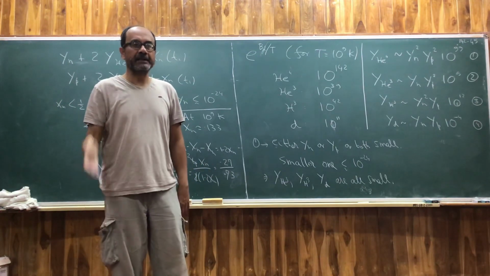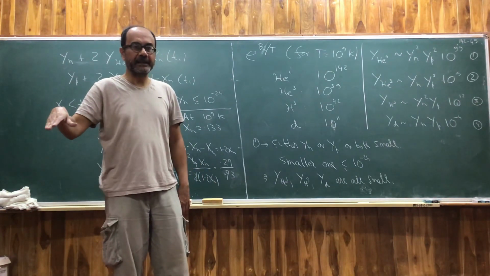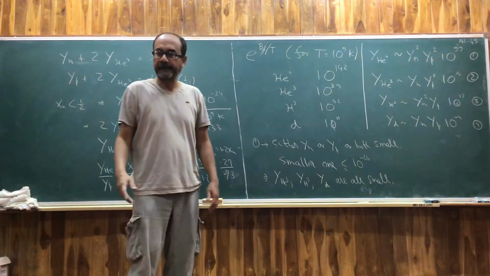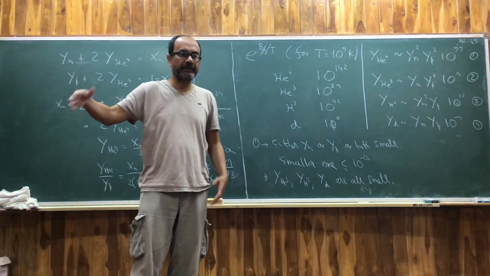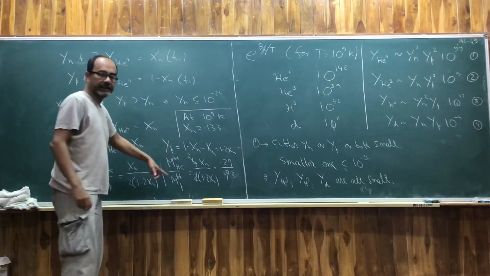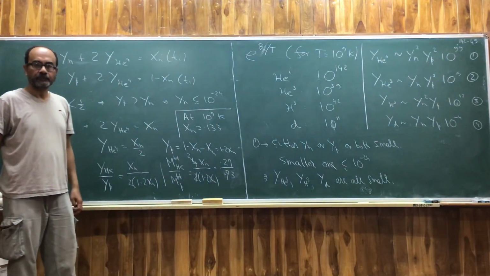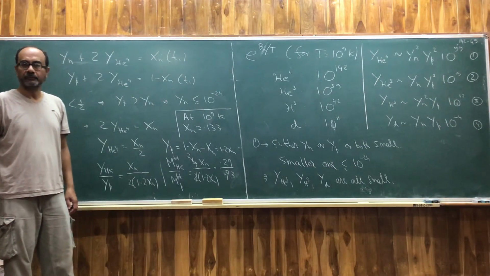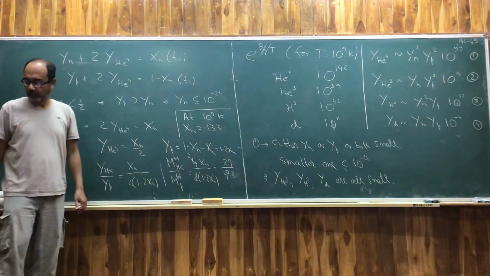If the universe expanded slower, then by the time you reach the temperature of 10 to the 9 K, more neutrons would have decayed, because more time would have elapsed, and that will affect the prediction of this ratio. Okay, so we'll continue next time.